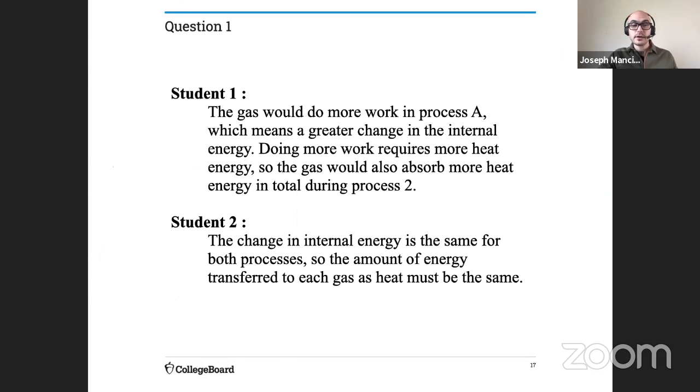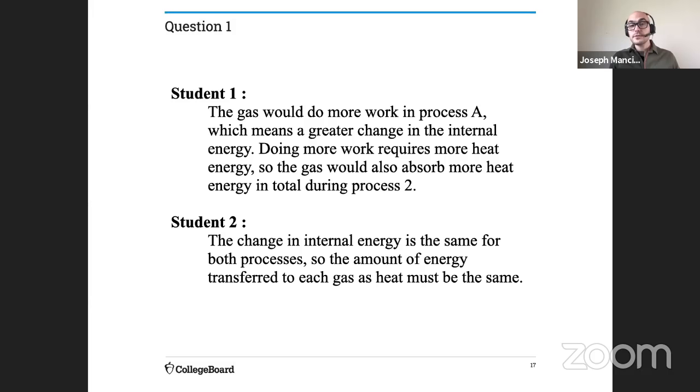So those of you who pointed out that student 2 says the change in internal energy is the same, nice job. And those who pointed out that student 1 was incorrect to say a greater change in internal energy for process A, you correctly identified their incorrect statement. But now we get to the discussion of which gas absorbs more heat. And that was a more subtle argument involving the first law of thermodynamics and the conservation of energy.